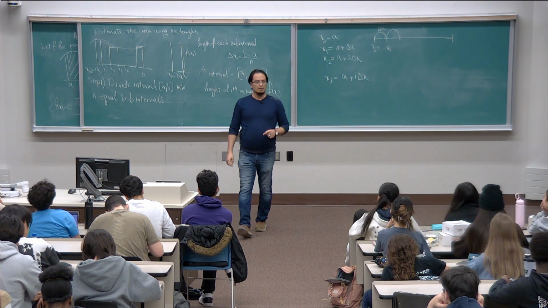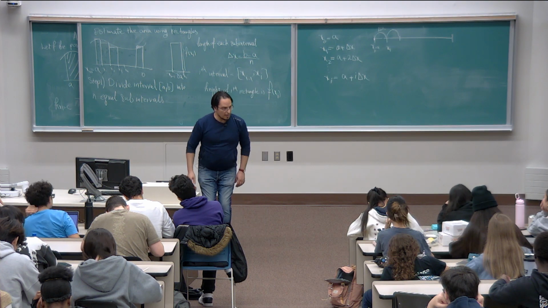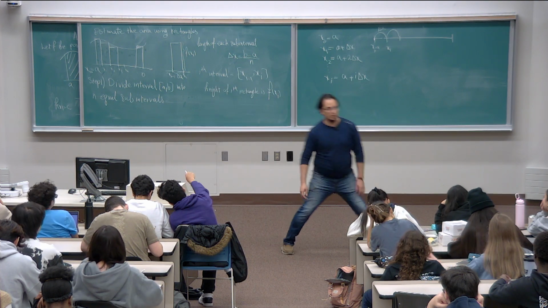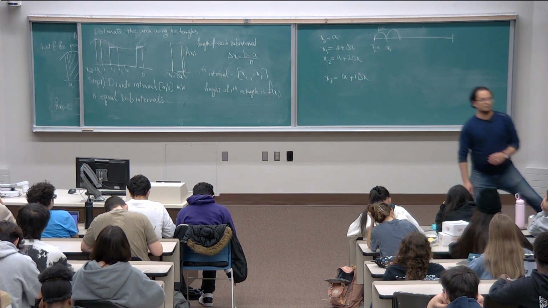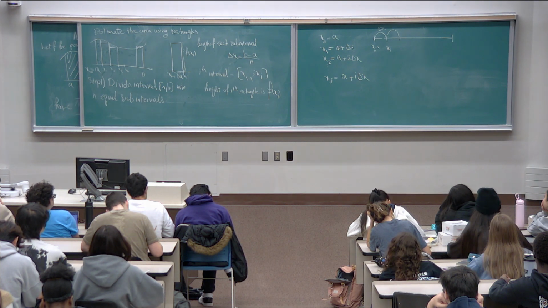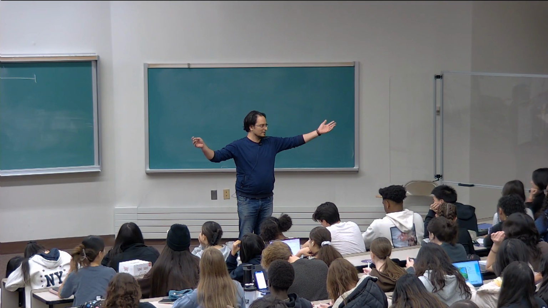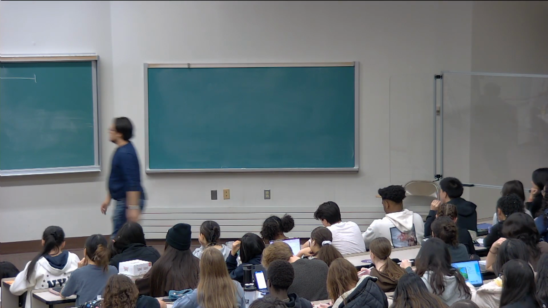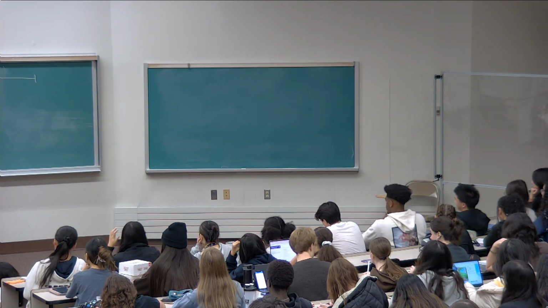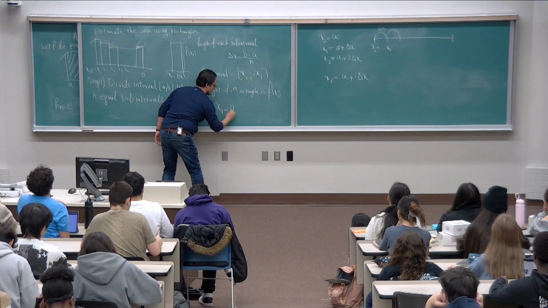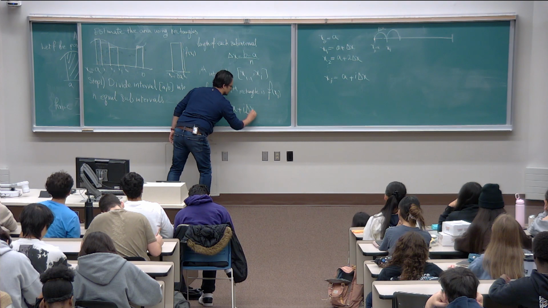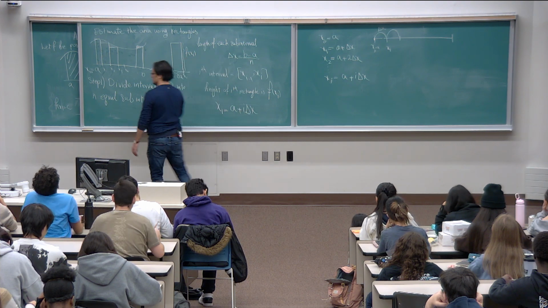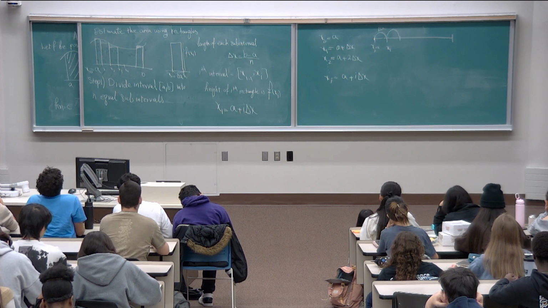So I start from a, I go 1 delta x, 2 delta x, 3 delta x, 4, 5. This is x5. How do you like it? Simple. So I will write this formula also here. Now I can erase that and go.